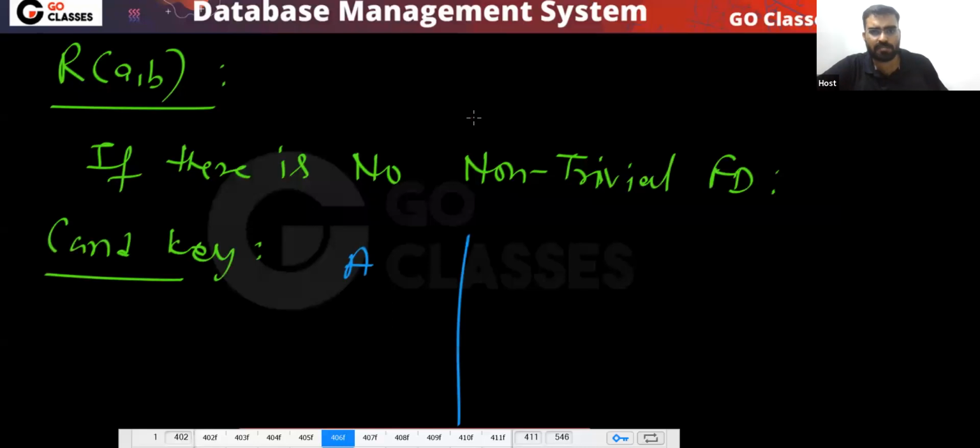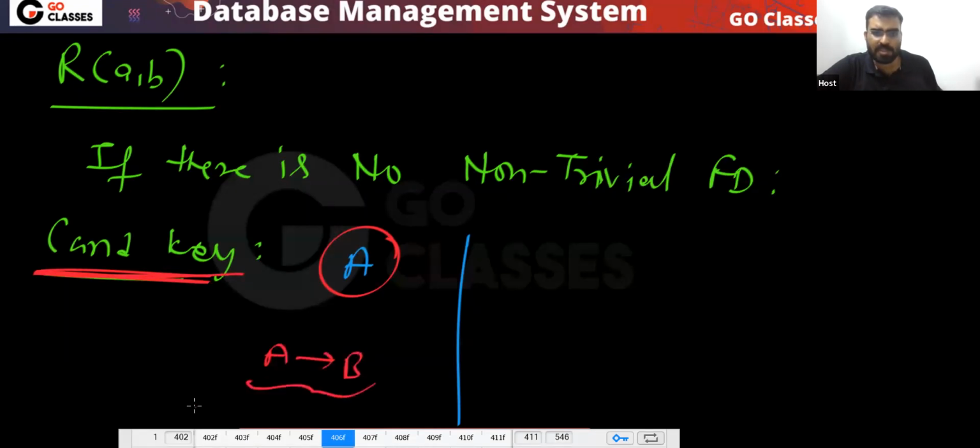What is wrong here? If you say it is A, then what will happen? If you say it is a candidate key, then it means A determines B. This is a non-trivial FD.